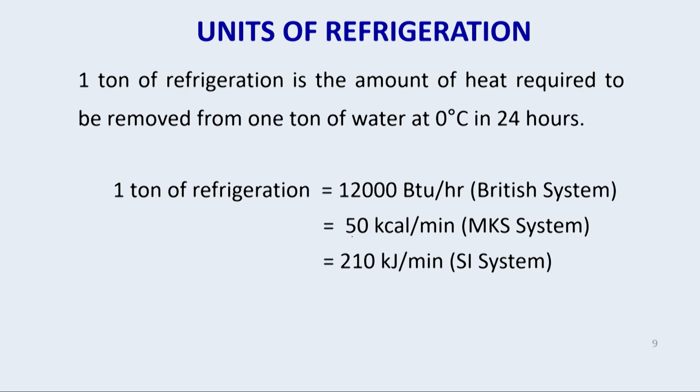And in British thermal units, BTU, that is the British system, it is 12,000 BTU per hour. So 50 kilocalories will be equal to 210 kilojoules, of course, per minute.